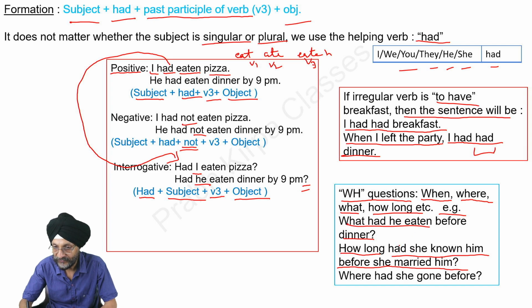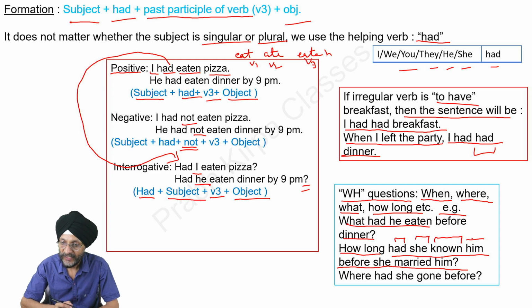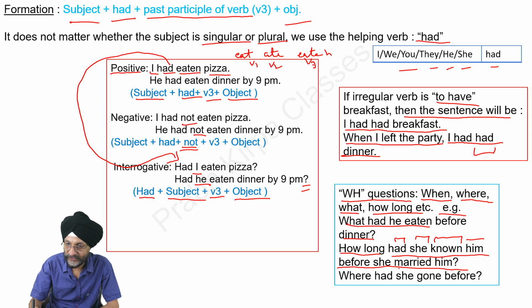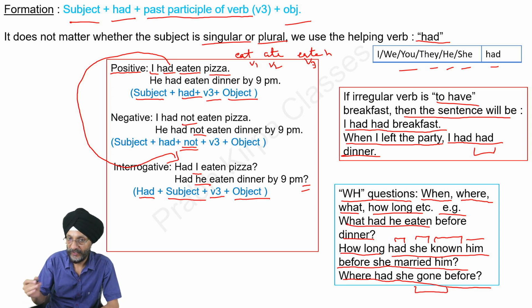You will see that the question form is followed by had, and then comes the subject, and this is the third form of the verb, and the second part of the sentence is in the simple past form. Where had she gone before? This is the third form of the verb gone. Go, went, and gone.